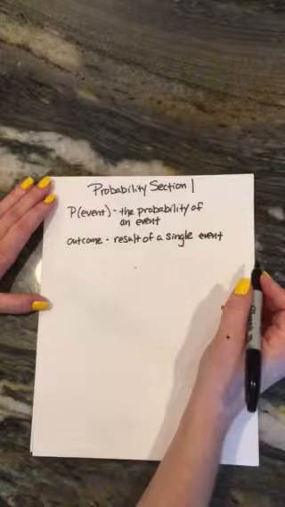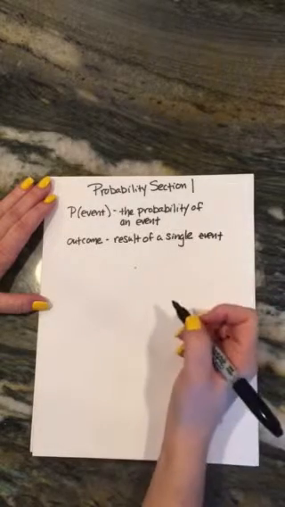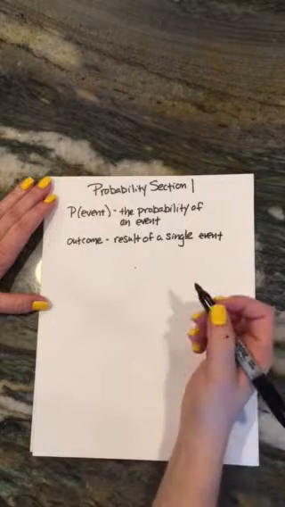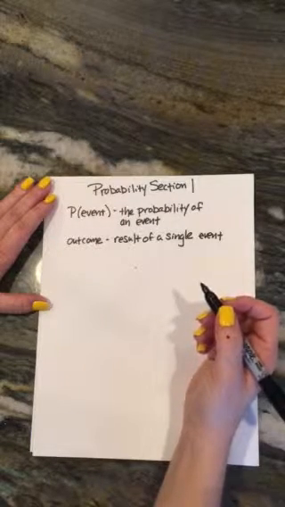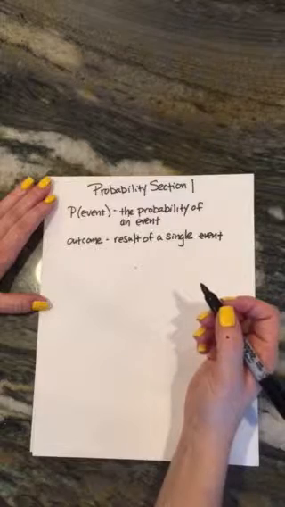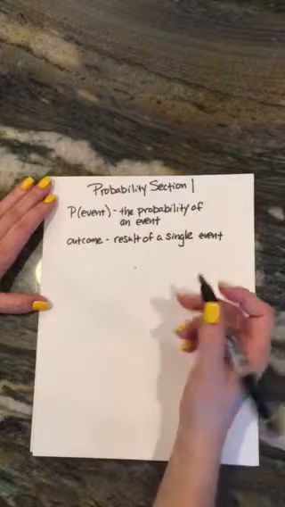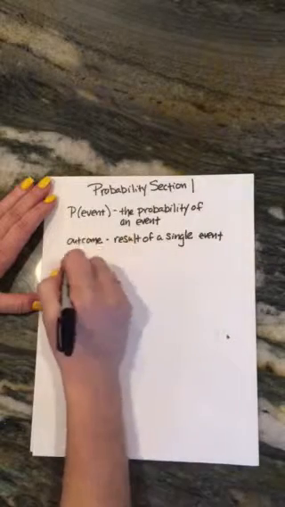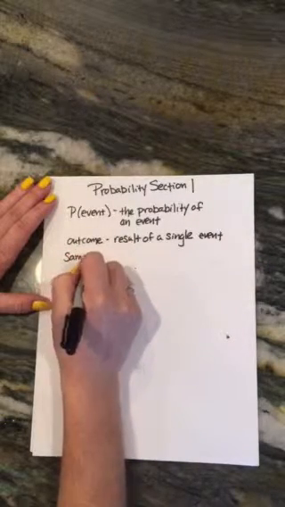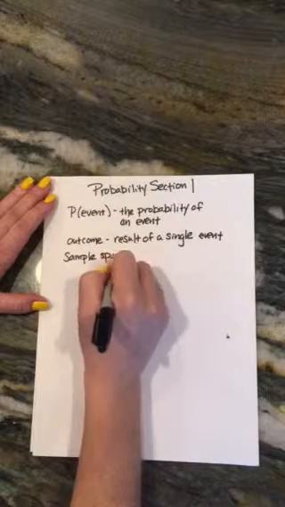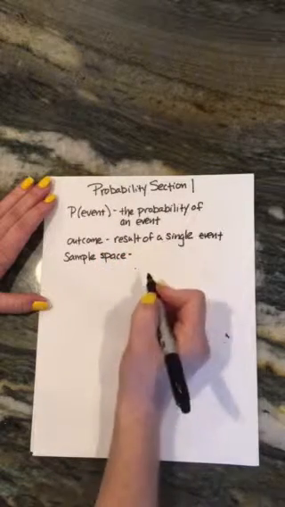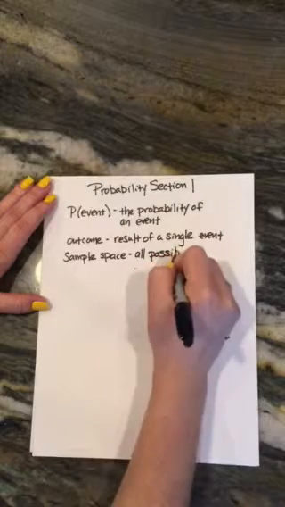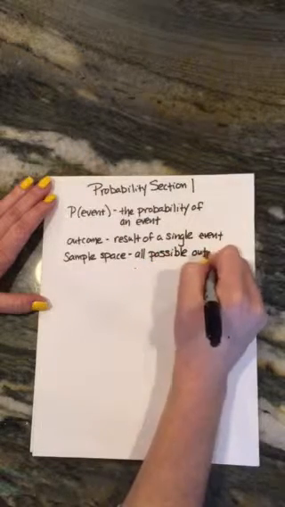We can take a look at one event at a time. And so let's say we're talking about flipping a coin. That could turn out to be heads or tails. So all the possible outcomes make up something called the sample space. So the sample space is all possible outcomes.